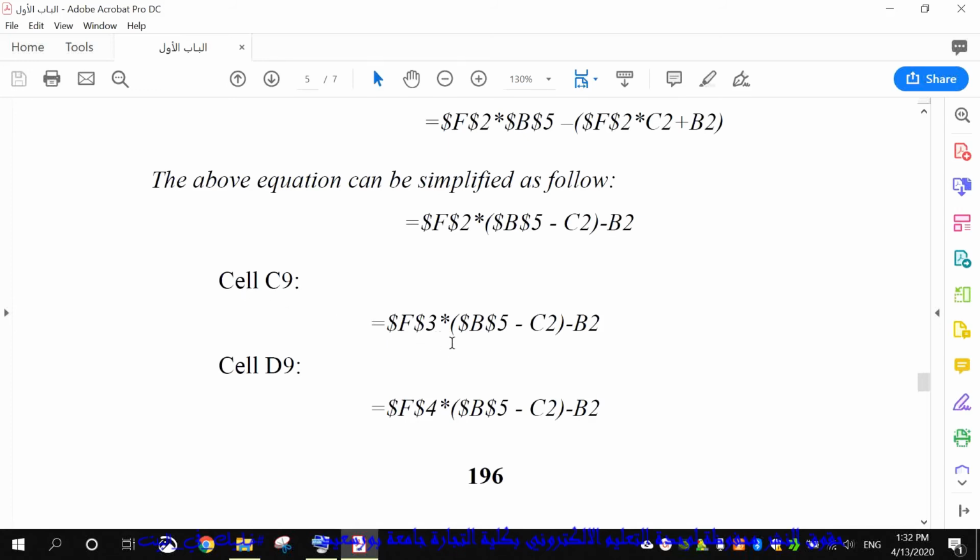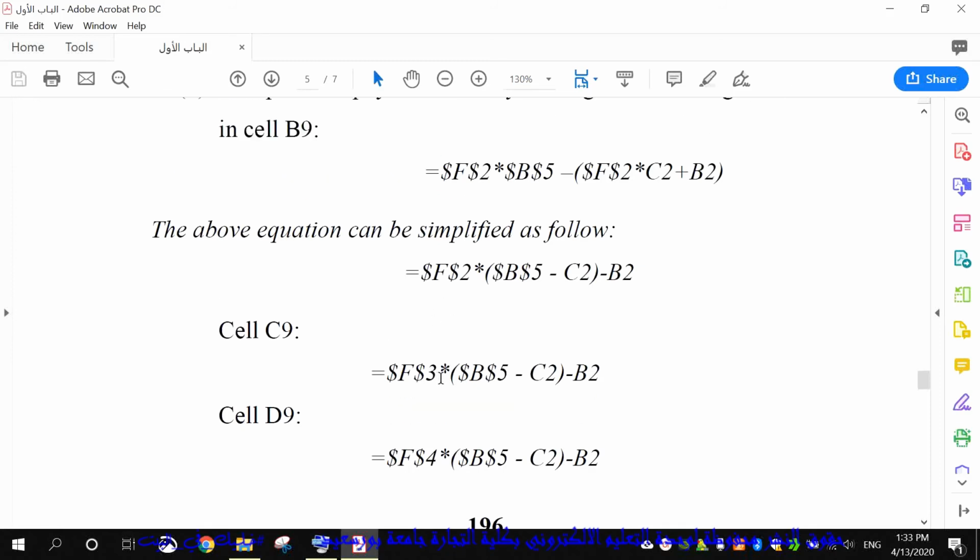In the same way, to calculate the profit in case of the alternative or state of nature moderate for the same product A, F3 represents the number of units produced in case of moderate with respect to the product A. So F3 is multiplied by B5 sales price minus the variable cost, still written in C2, of the same product A, minus B2, the fixed cost of the same product A. Similarly, in D9 we have to calculate the profit of the product A in case of alternative high.